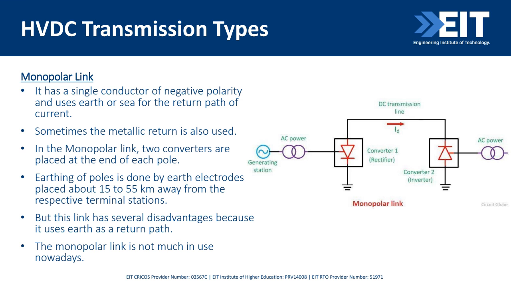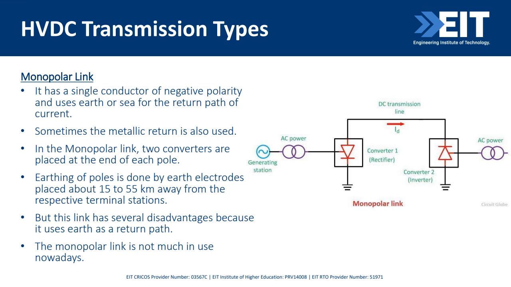So in monopolar links, the two converters are placed at the end of each pole. Then we just need two converters and one pole. Earthing of poles is done by earth electrodes, which are placed about 15 to 55 kilometers away from the terminal stations. But this link has several disadvantages because it uses earth as a return path.